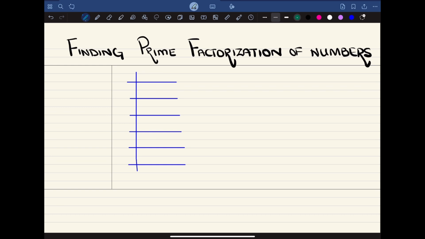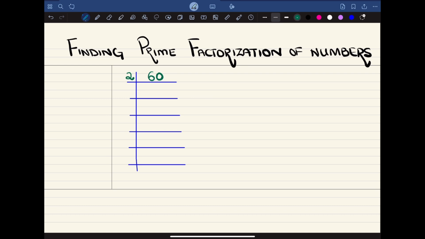The method that we are going to employ here is the basic ladder method. Let's imagine we need to find the prime factorization of 60. We are going to begin with the smallest prime factor, which is 2. So let's begin with 2.